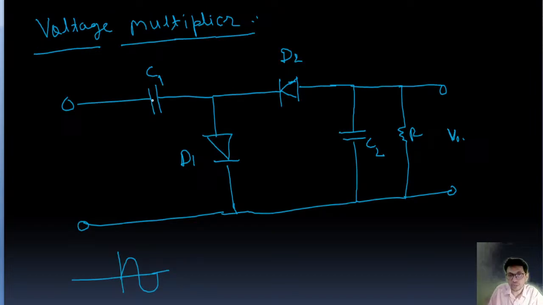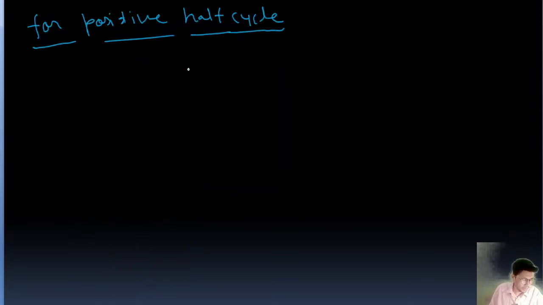For the positive half cycle, we are going to give plus Vm. Plus means D1 is forward biased, because its P part is getting the positive, and D2 is going to be reverse biased, which means it is open circuited. So the circuit is going to be like this. Plus Vm we have given.